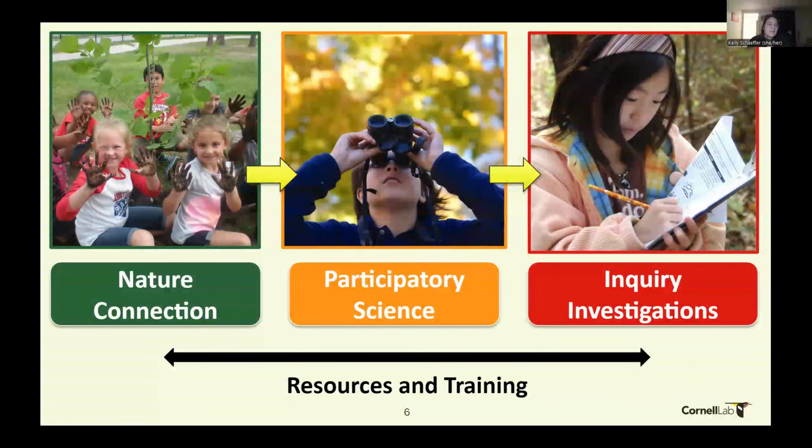So we're really about getting kids outside, connecting to science by doing authentic science. And all of our resources are going to touch on one or more of these pillars. And today we're really going to hit that nature connection piece and share some ideas about how we can get youth connected to nature and birds and minds-on, hands-on learning.